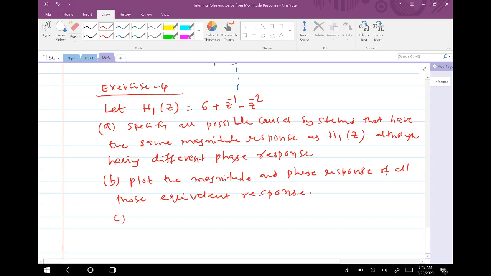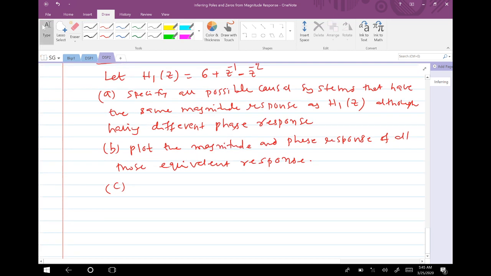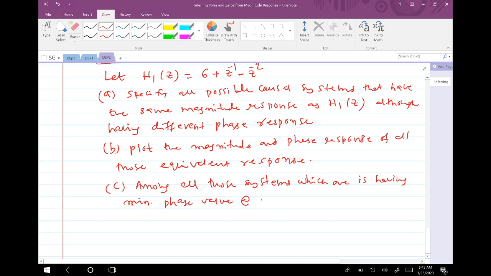So for the last one, you make an observation: among all those systems, which system has minimum phase value at all frequencies?